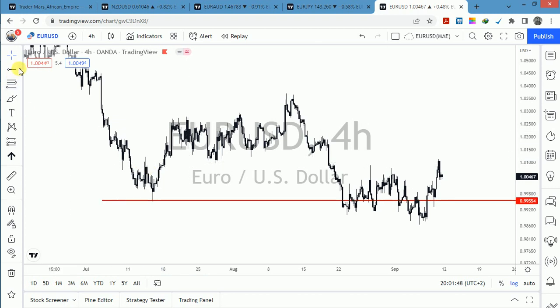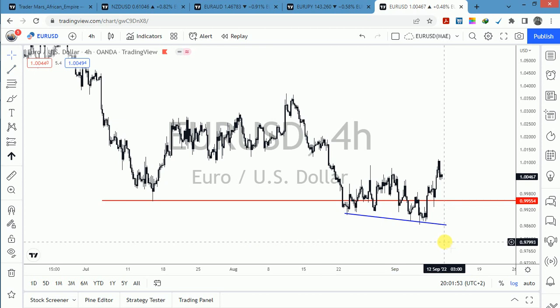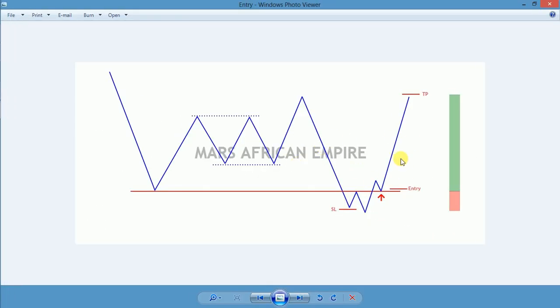With EURUSD, we can see the same setup that we have here. We had a nice demand zone that we were hoping for price to be rejected on, but instead price decided to break below that zone, and then after that it went back inside that zone again.